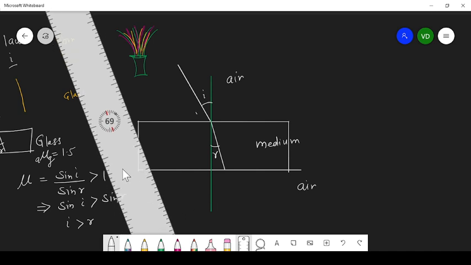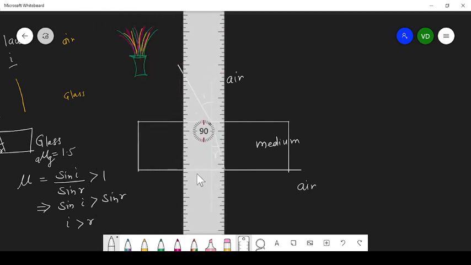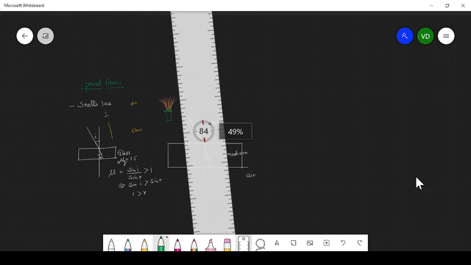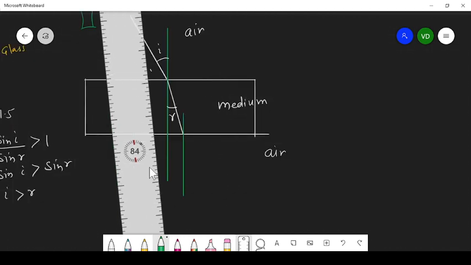Here again we'll draw a normal at this position, and let me use the same color just like previous, and again we'll use the same formula, like mu equal to sin I divided by sin R. Now in this case, this is becoming the angle of incidence.